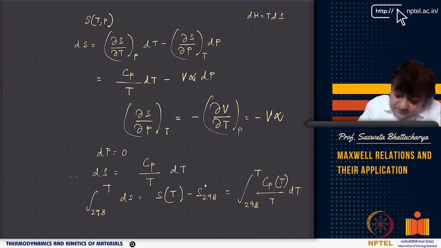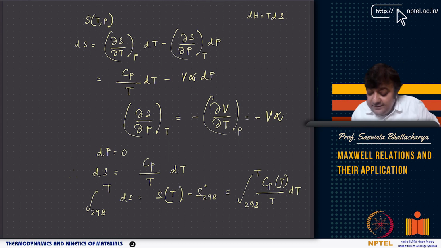Now S again can be written as a function of temperature and pressure. So dS equals del S del T at constant P dT plus del S del P at constant T dP, and you can immediately see del S del T at constant P is nothing but Cp by T dT. And del S del P at constant T is nothing but again minus del V del T at constant P, which is minus V alpha.